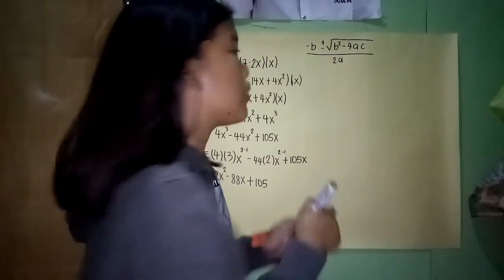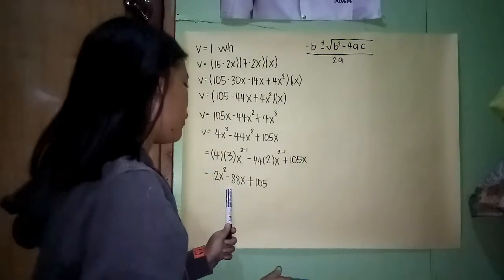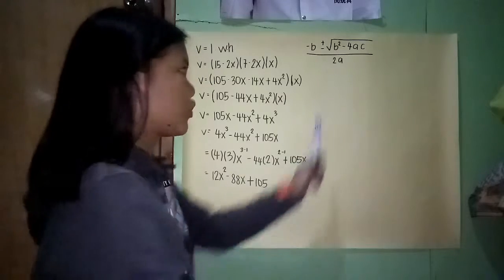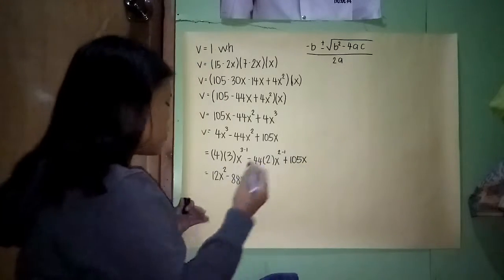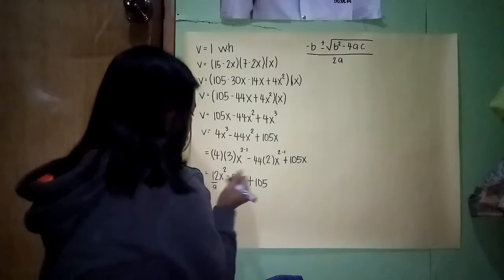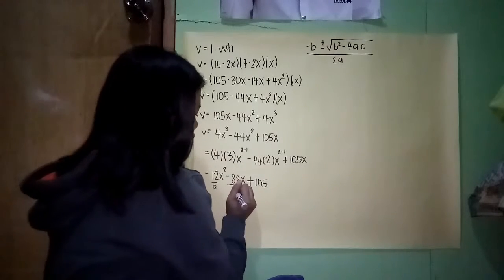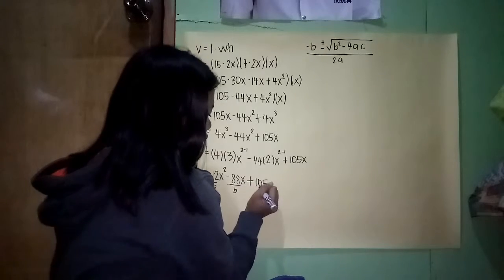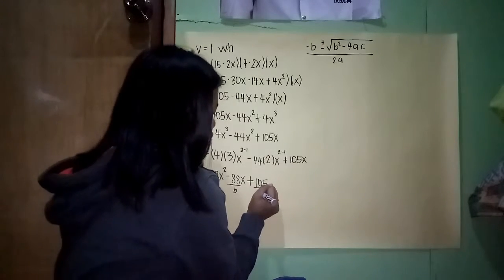So we are going to substitute the coefficients of our derivative into this equation. 12 is going to be our a, negative 88 as our b, and 105 as our c.